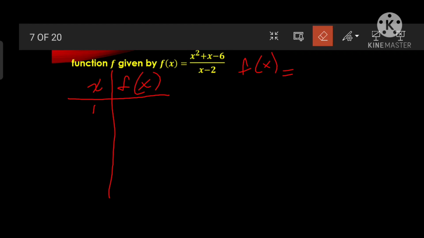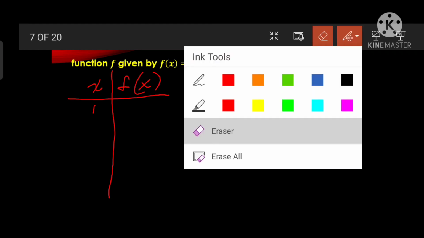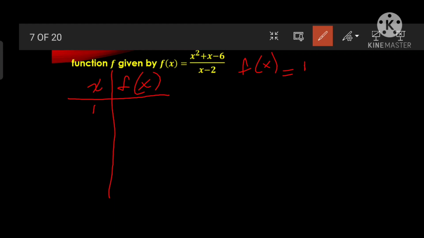So f of 1 equals 1 squared plus 1 minus 6, all over 1 minus 2.